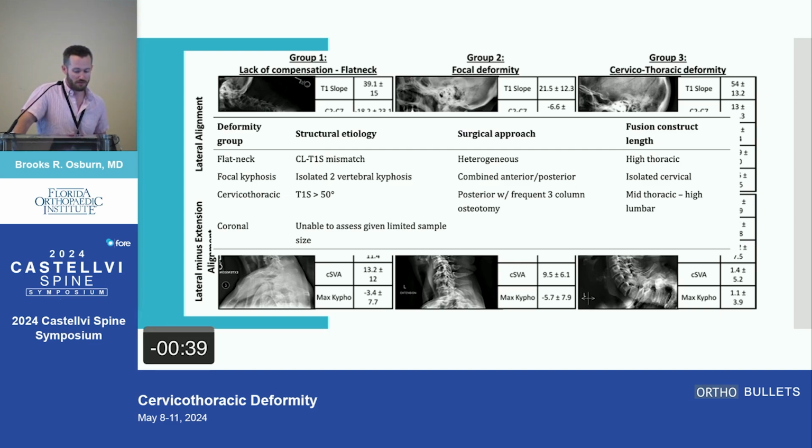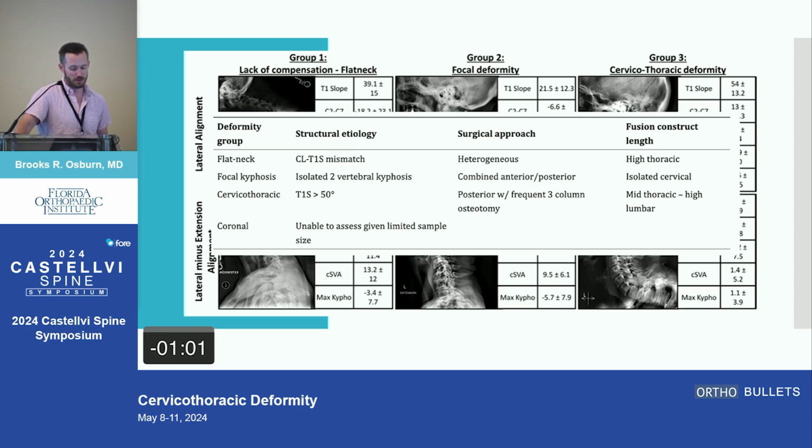If you have a focal kyphosis, this is almost always done through a combined anterior-posterior approach, whether you're doing multi-level anterior cervical discectomies or a corpectomy, and then backing it up posteriorly with osteotomies in order to correct this. But you can typically do this isolated within the cervical spine, depending on where the kyphosis is located.